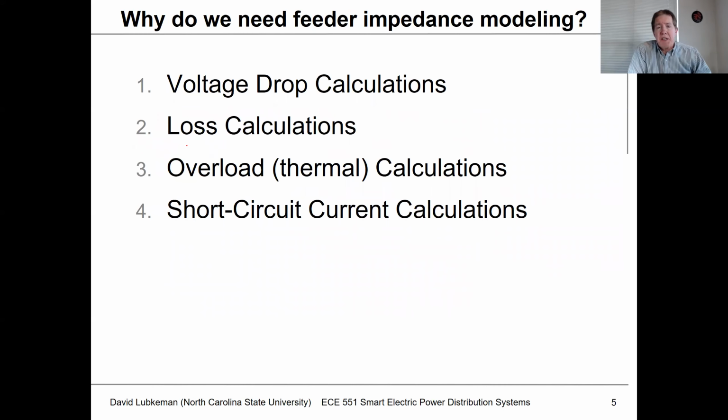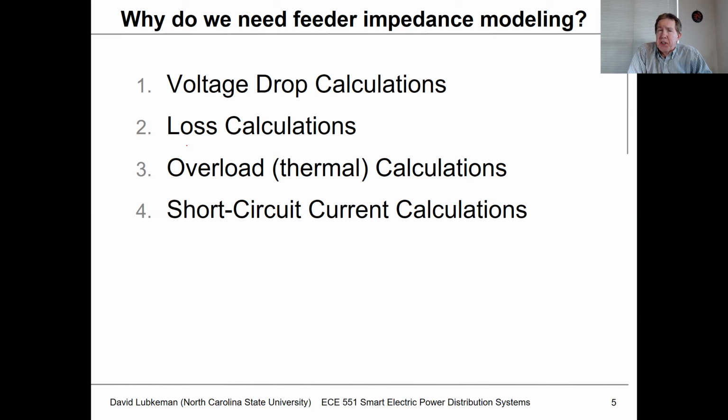So why do we need feeder impedance models? There's a number of different reasons for it, but this is the primary element in distribution system analysis. We've talked about transformers so far, but the reality is a lot of times when we're doing power system calculations, we don't even model the voltage drop across the transformer.